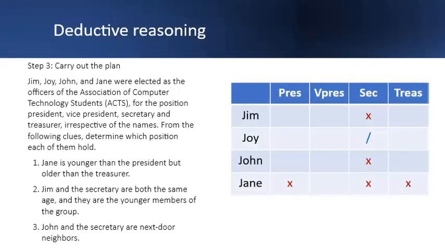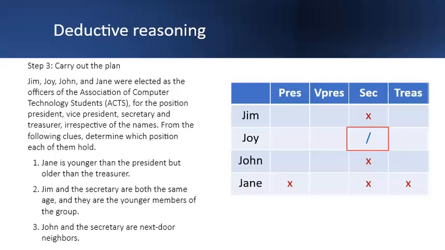Analyzing further statement number 2 in relation to number 1, we can conclude that Jane is not the secretary because the secretary must be the youngest member of the group. However, Jane is younger than the president but older than the treasurer. In other words, there is someone younger than Jane.